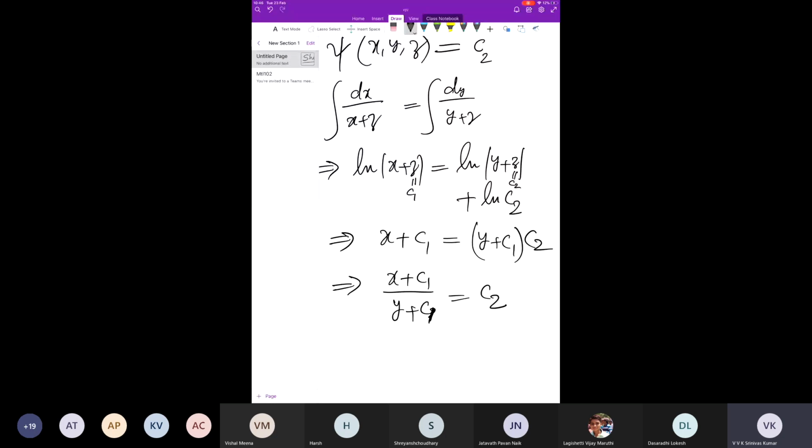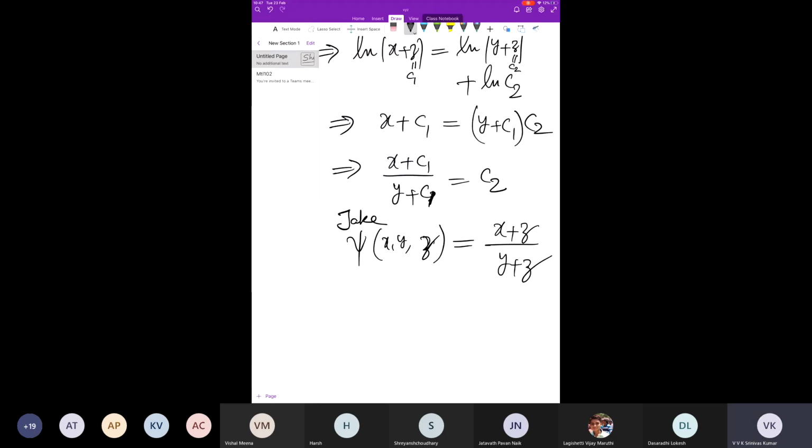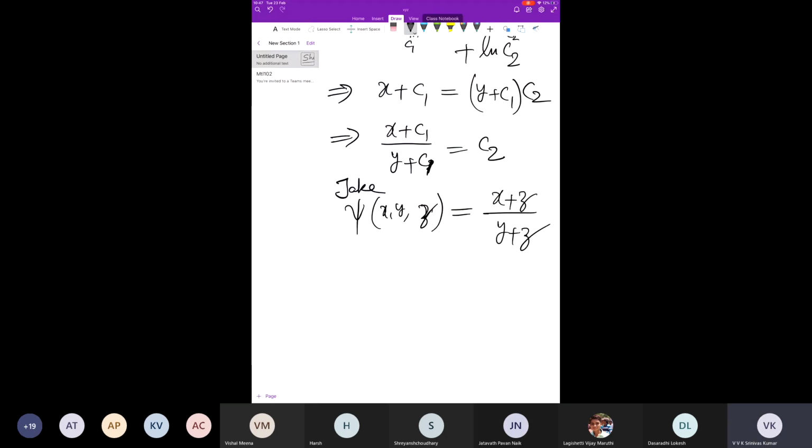So this is our other function psi. Take psi of xyz equal to x plus z upon y plus z. Now write the general solution.